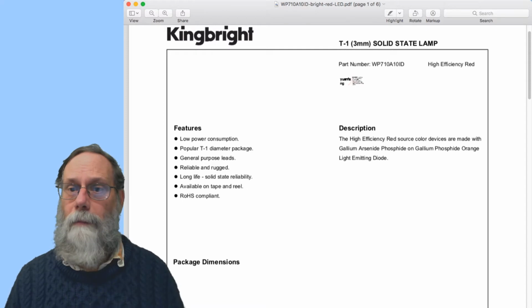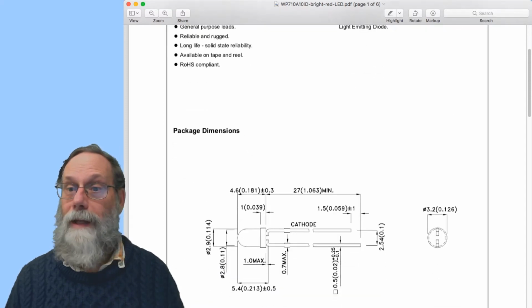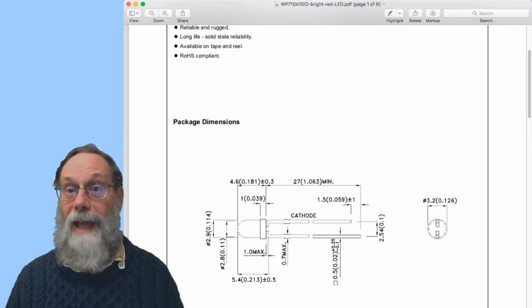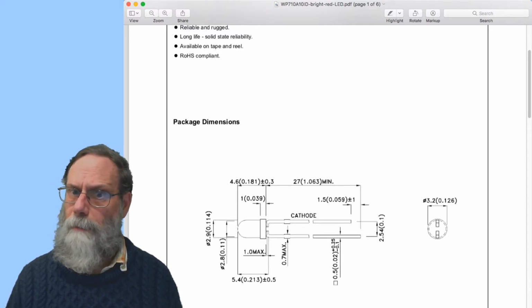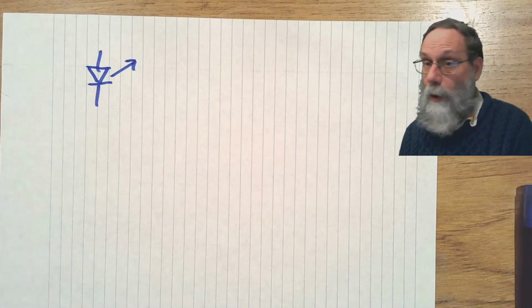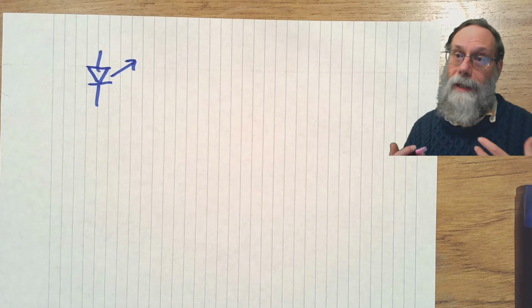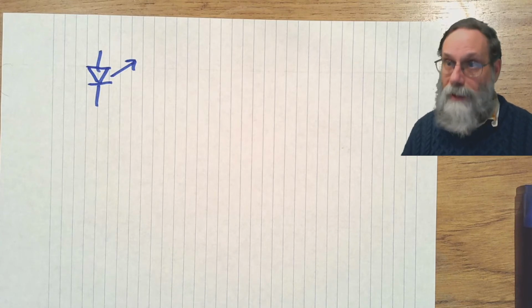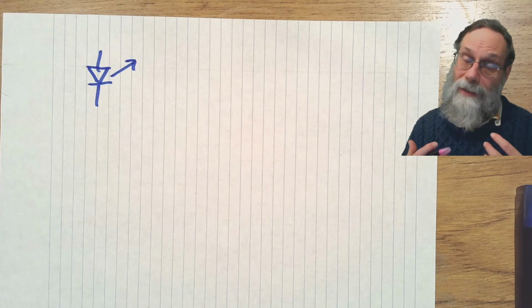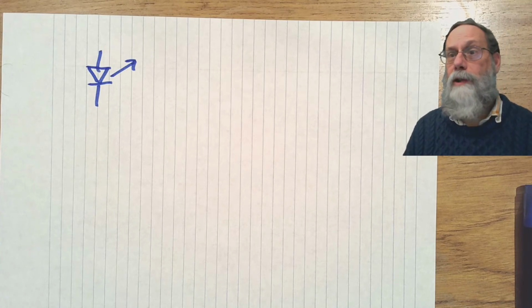Okay, let's take a look at the package. We've got a package here and it labels one side as the cathode and one side as the anode. Which one is which? Well, the cathode is where the electrons leave the wire. That's true for any sort of electrode we're talking about. When we talk about an anode, it's where electrons go into the wire.